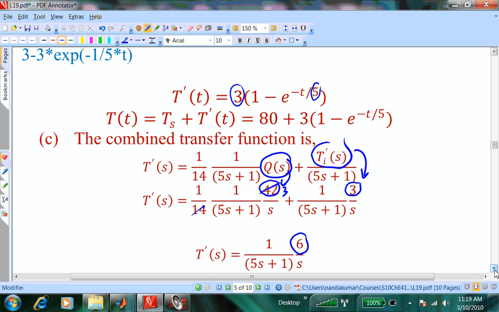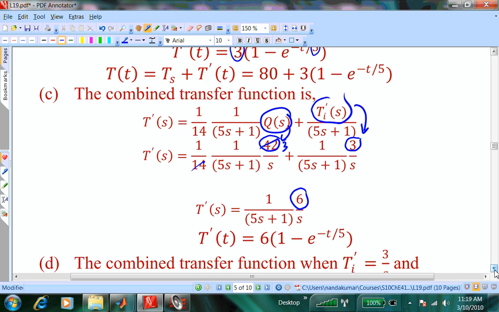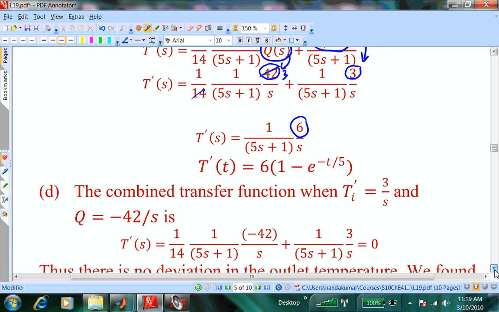Any questions on that? Now the next question would be, if I combine it in such a way that I increase the inlet temperature by 3, but I decrease the heating rate by 42 kilowatts, what would happen? That is your control. Okay?